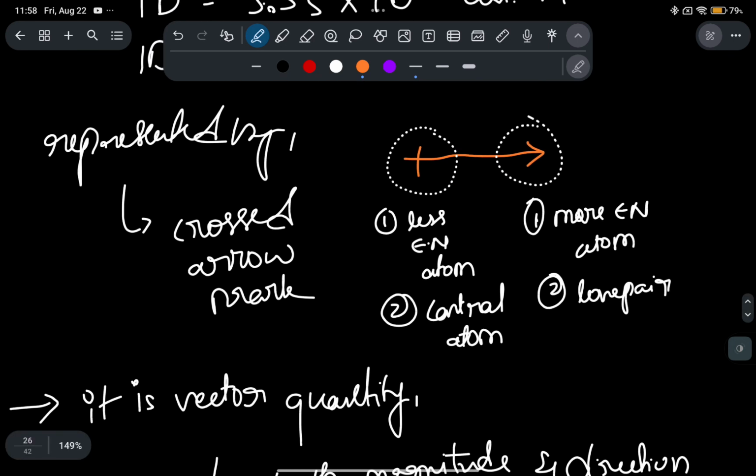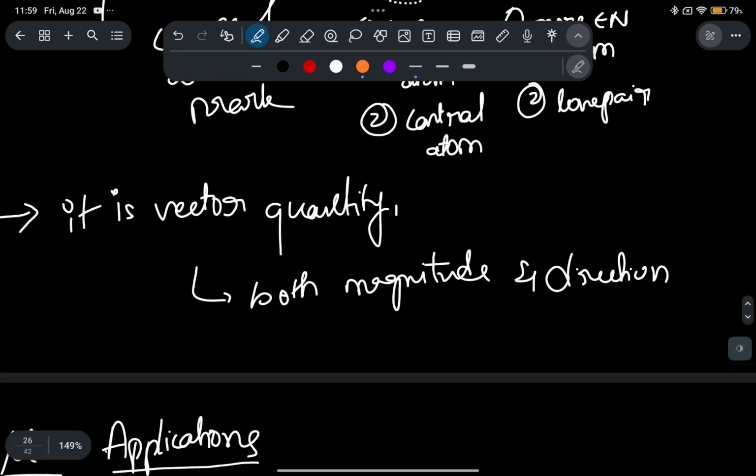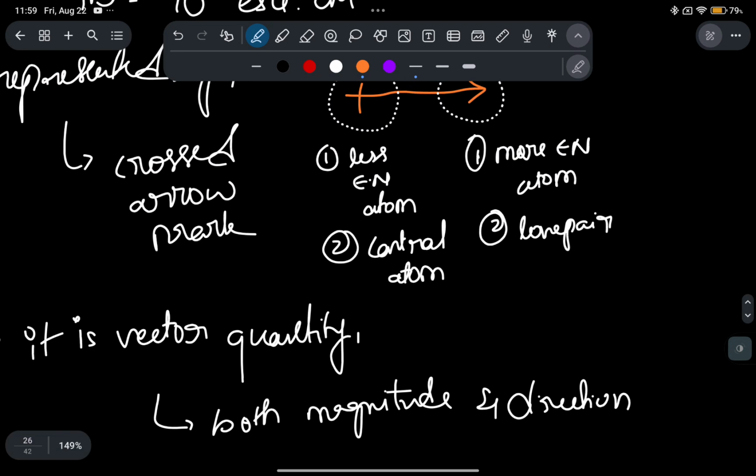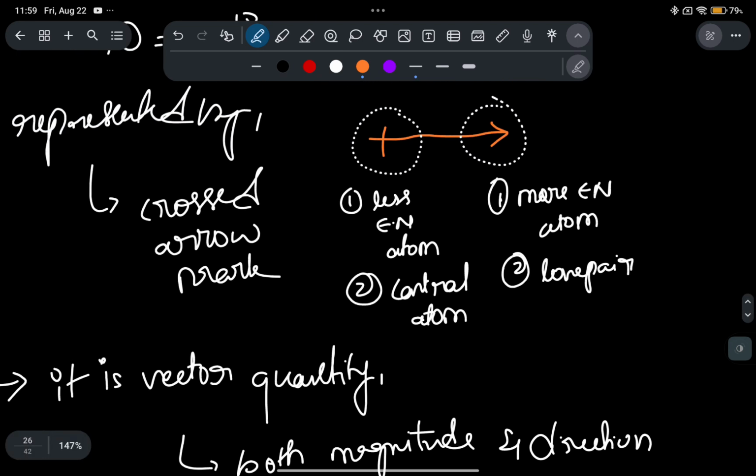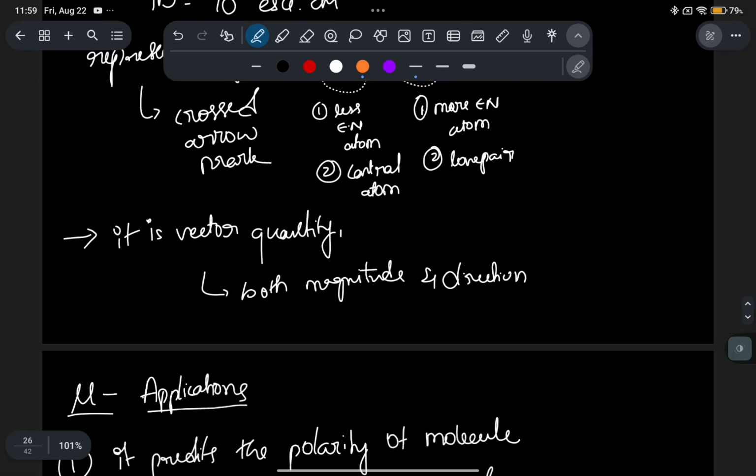Plus represents the less electronegative atom and the arrow represents the more electronegative atom, and if a lone pair is present you should also show the arrow for that lone pair. It is a vector because it has direction and magnitude.